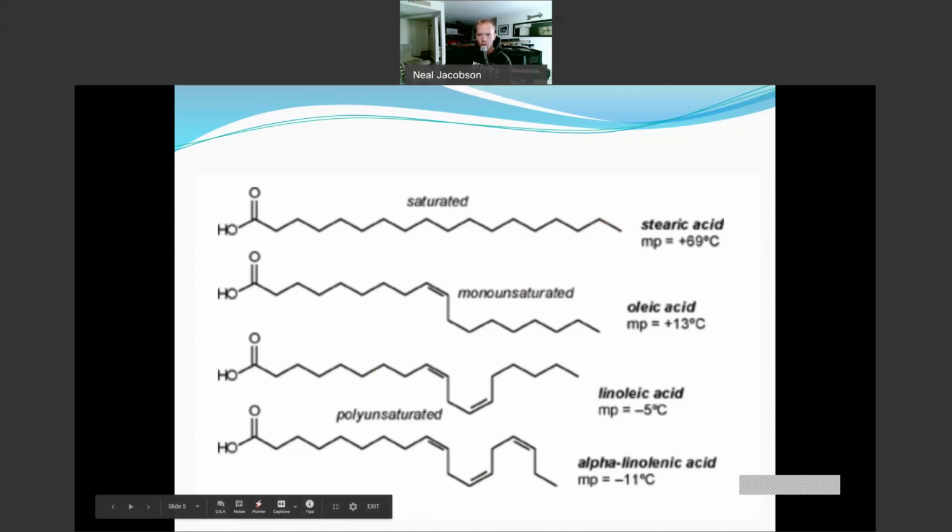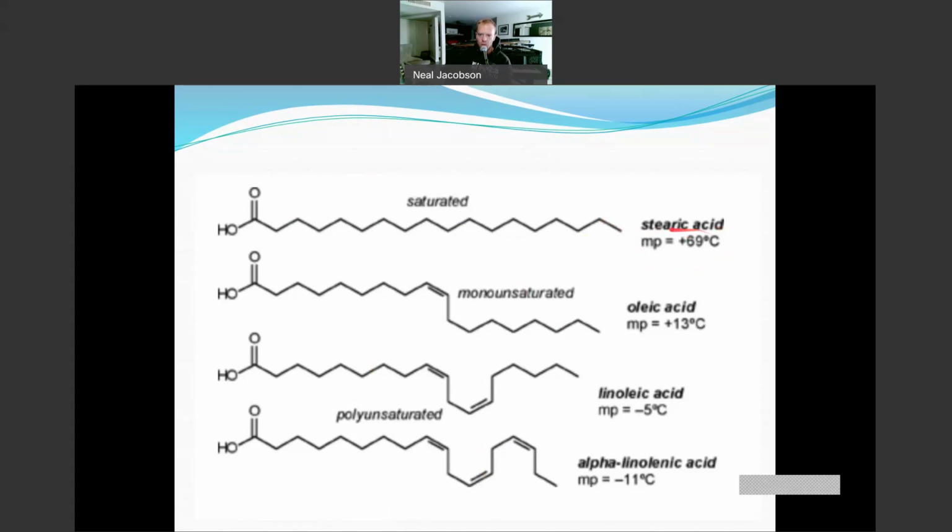But what I really want to draw your attention to is the melting point. Because what this melting point does is it speaks to what we talked about last time with van der Waals interactions. Van der Waals interactions govern how similar molecules interact with each other.